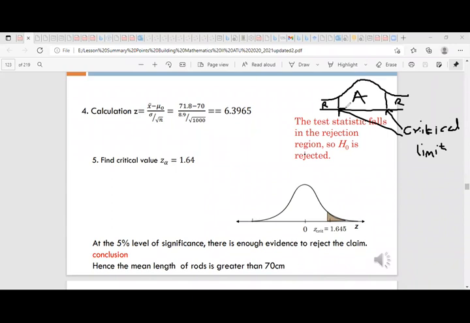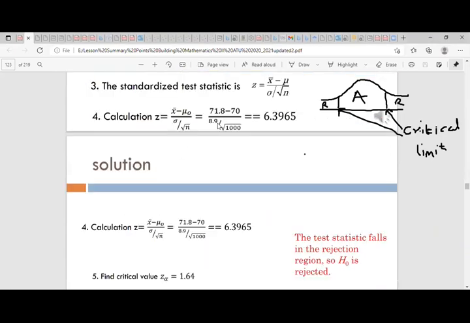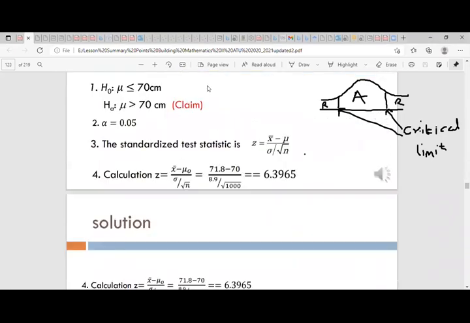Good. So let's go back to what we are doing. Now, we formulate our decision rule. You need to revisit your alternate hypothesis. In the alternate hypothesis, we were told that mu is greater than what? 70 centimeters. Greater than means we are looking at a rejection on the right, if you recall.